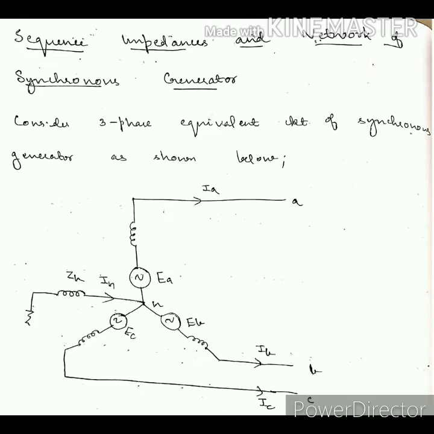What we are going to study here is, for an equivalent circuit of a synchronous generator, how to draw a positive sequence network, negative sequence network and zero sequence network. So for this, first let us consider a three-phase equivalent circuit of synchronous generator as shown in the figure.